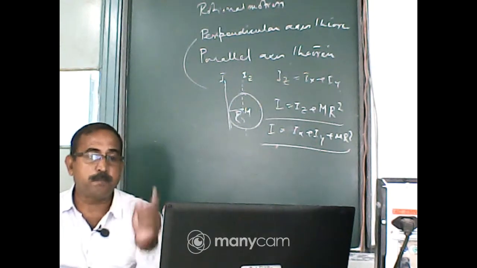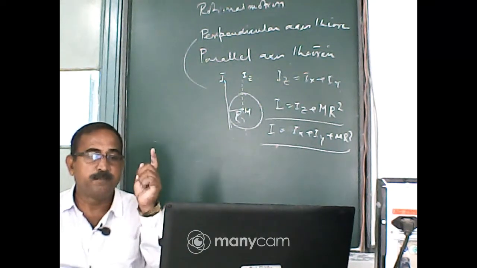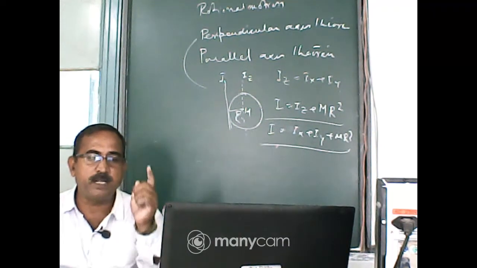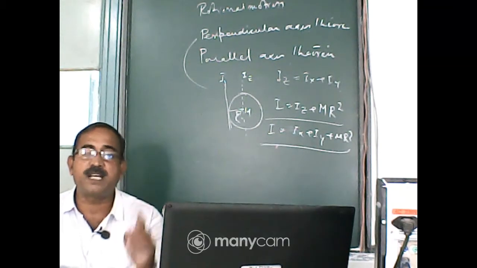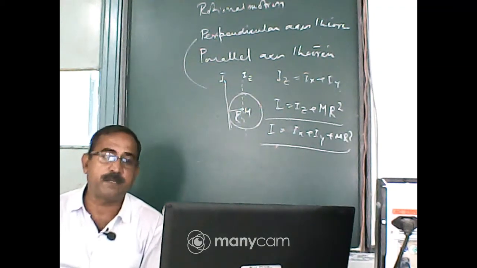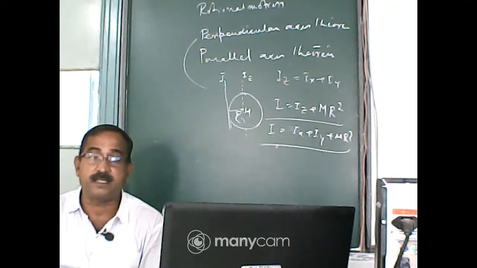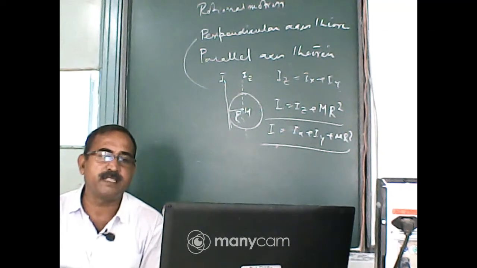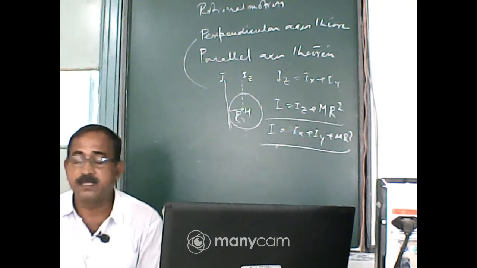So the perpendicular means, if you consider x and y axis, the origin is O, you draw a perpendicular line on the origin, that means the z axis, mutually perpendicular to both the x and y axis, that is the z axis. Iz is equal to Ix plus Iy.